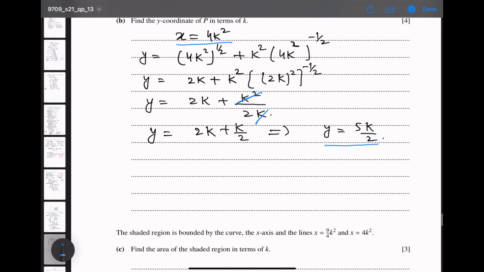So we will find the gradient of the tangent by differentiating. We have already differentiated it.